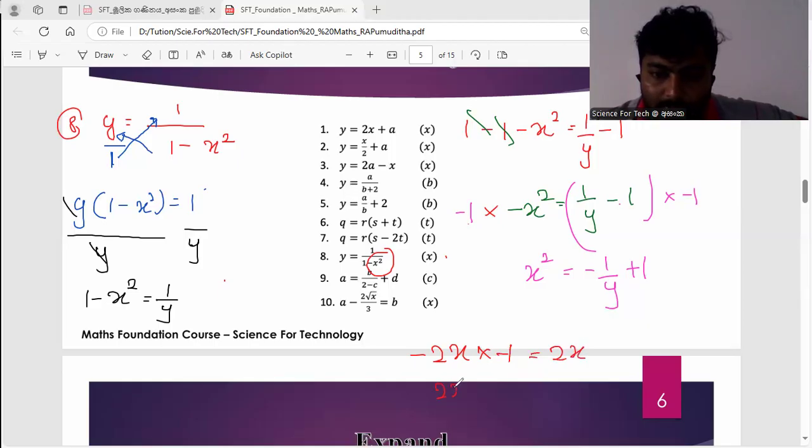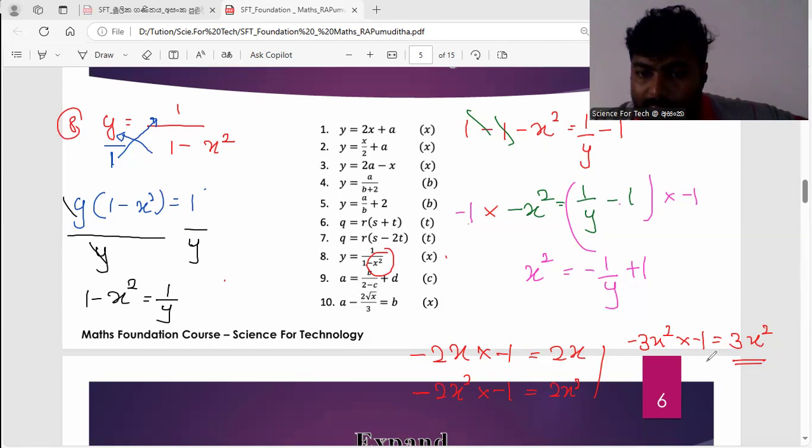If you multiply minus 2x squared by minus 1, the answer is 2x squared. If you multiply 3x squared by minus 1, the answer is minus 3x squared. The answer is the same, but the sign changes.